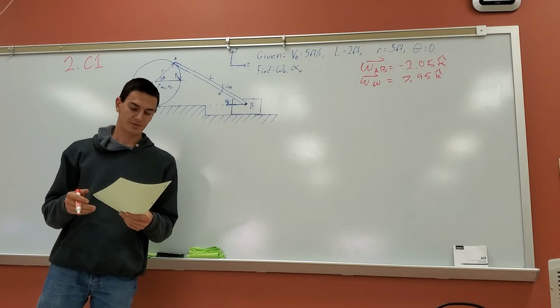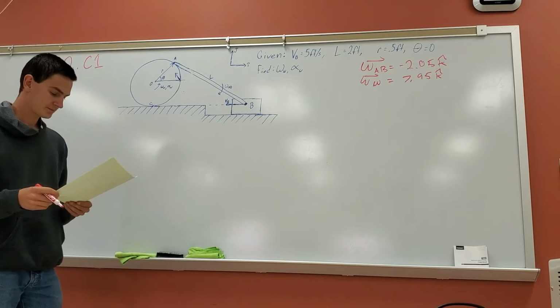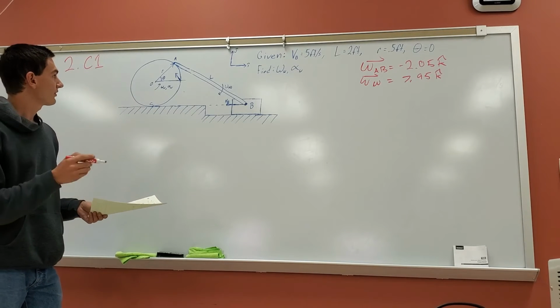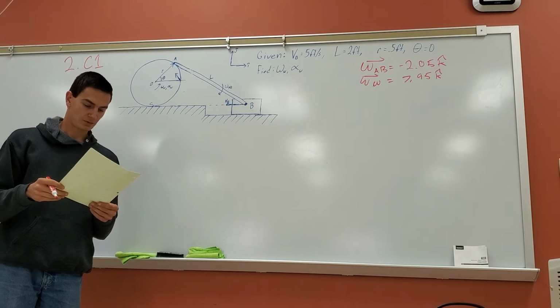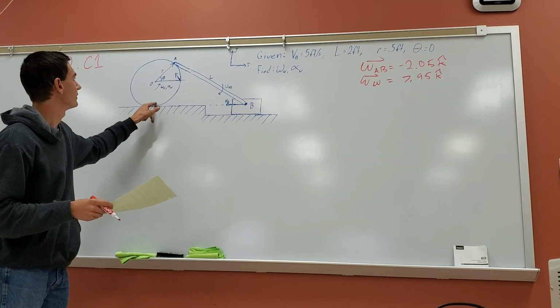Alright, and now we'll solve for the angular acceleration for the wheel. So first I'll start by writing out the equation for the acceleration of point A with respect to the wheel.